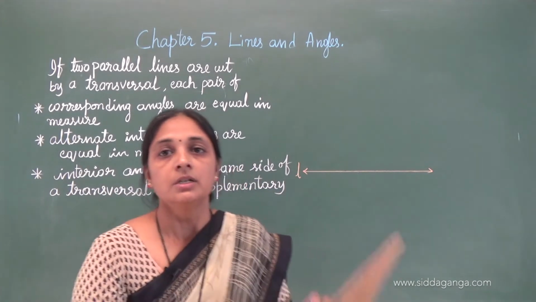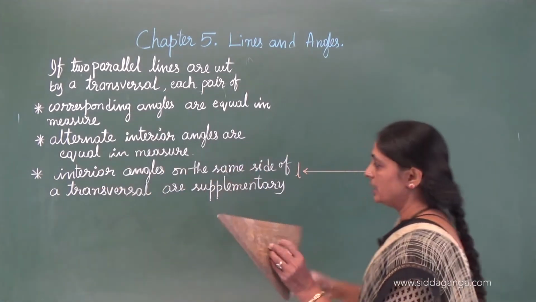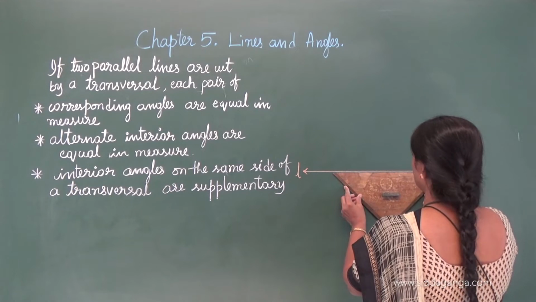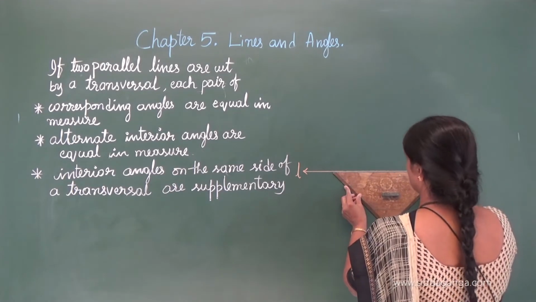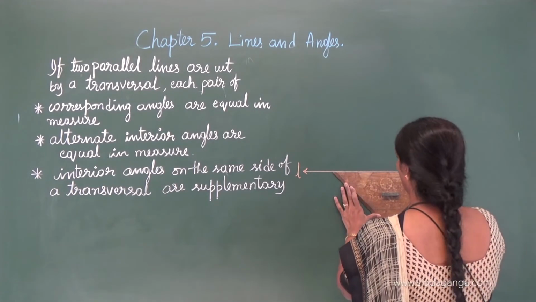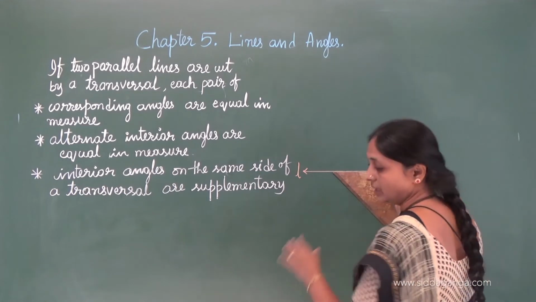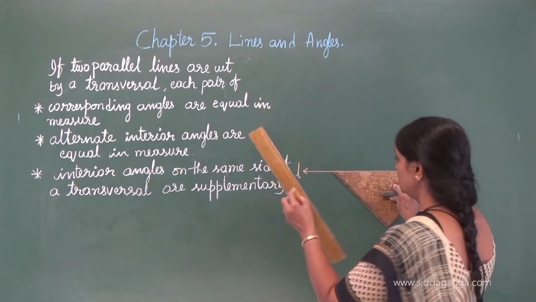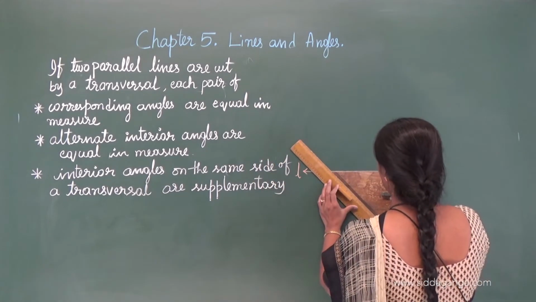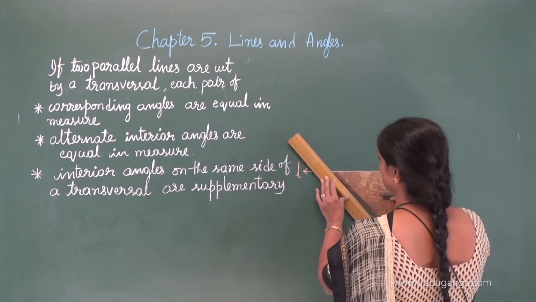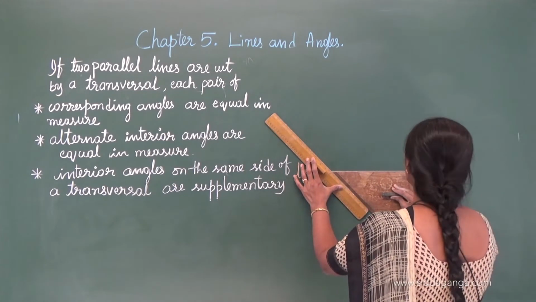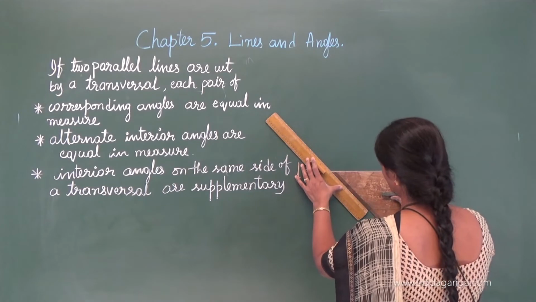Then you should keep your set square like this, okay? And the 90-degree set square I don't have, so for that I use this ruler, okay? It helps me to draw a parallel line for L, which I have drawn here, okay?